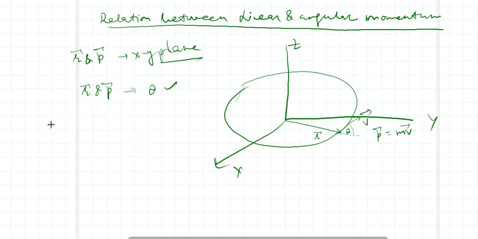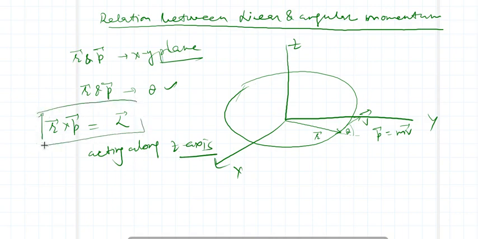If I take their cross product, a new quantity is defined which acts along the z-axis, perpendicular to the plane containing r and p, and we call such a quantity angular momentum.